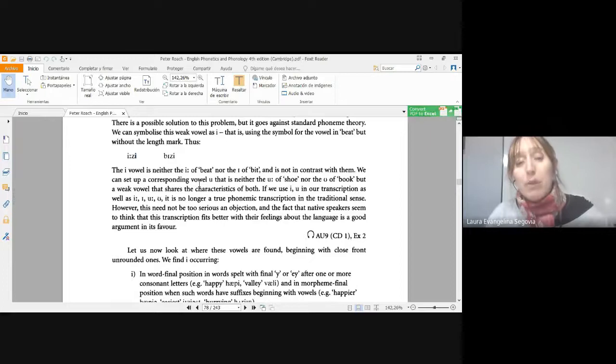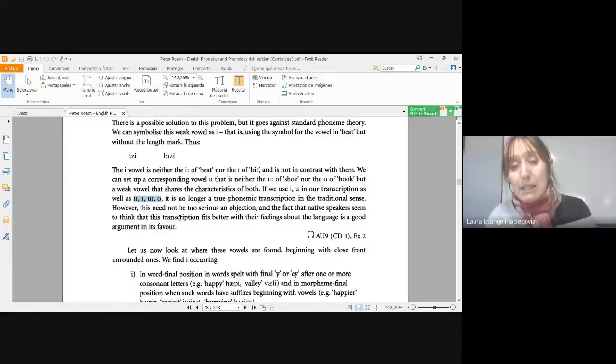We can set up a corresponding vowel U, that is neither the long one, as in shoe, nor the U as in book, but a weak vowel that shares the characteristics of both. So you cannot have the strength of both extremes. So you need something in the middle. If we use the neutral E or the neutral U in our transcription, as well as these long and short ones, it is no longer a true phonemic transcription because you cannot say them in the traditional sense, it says, no?